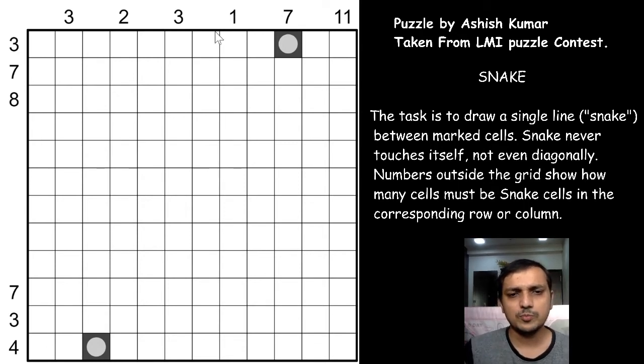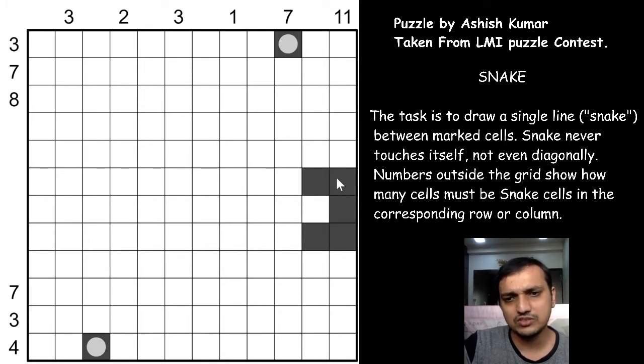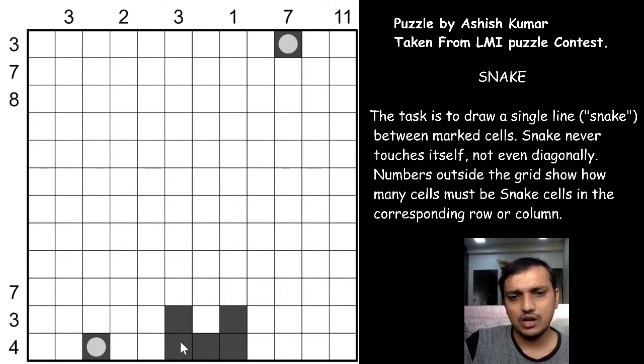Before moving on to the puzzle, let me show you some basic techniques that will help you to solve this snake puzzle. Whenever you are sure that a snake has to come to an edge and again come back to join the endpoints, you need to make sure that you have a minimum of 3 cells at the edge. For example, if a snake comes to this edge and goes back, it will use a minimum of 3 snake cells to do so.